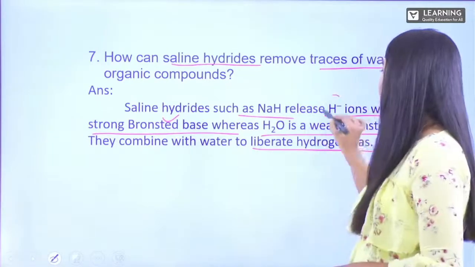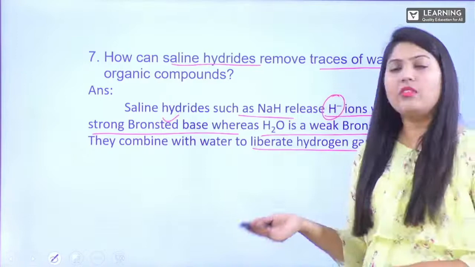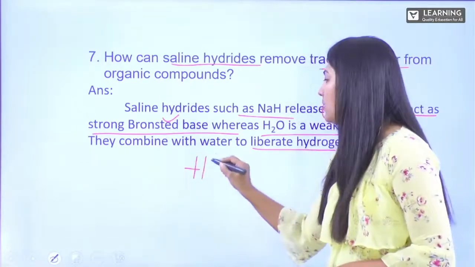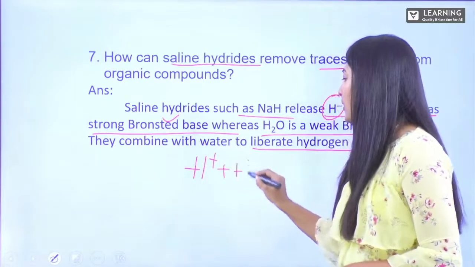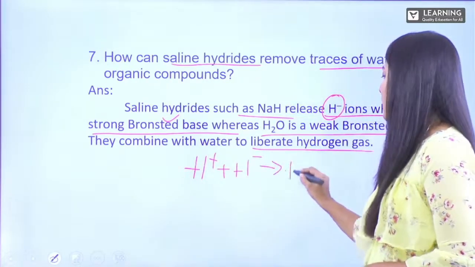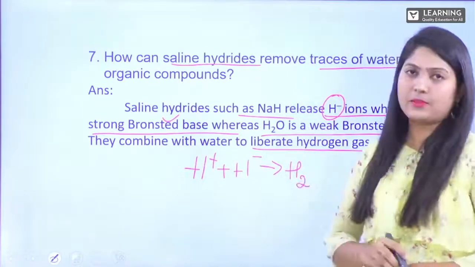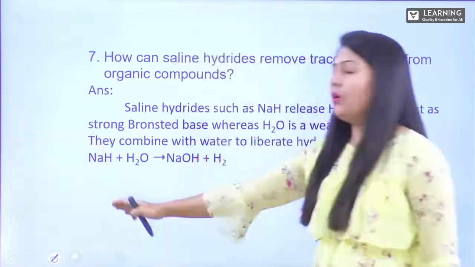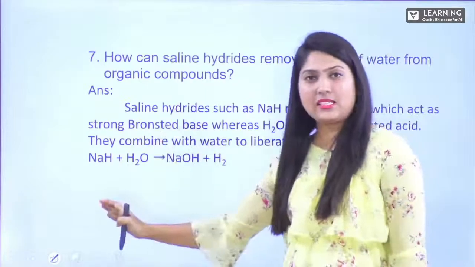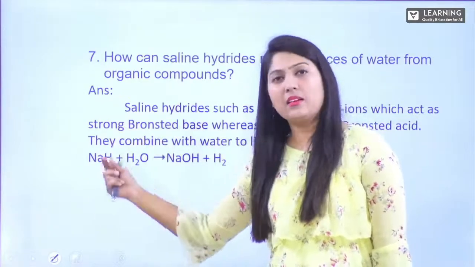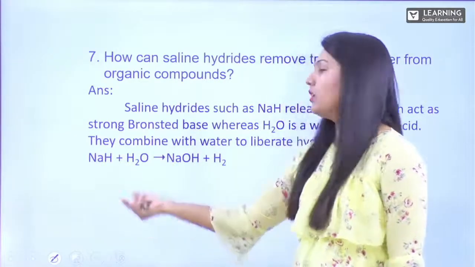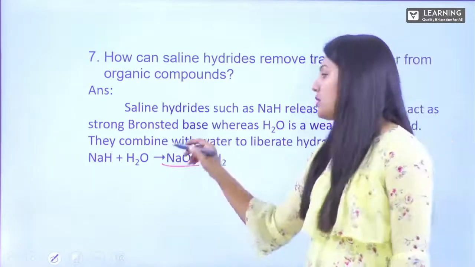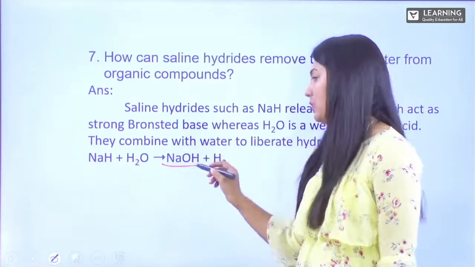As we know, this H minus ion reacts with the H plus ion in the water molecule and produces hydrogen gas. So saline hydride, that is the metallic alkali hydride, reacts with water to give an alkaline solution or sodium base, we can say. Sodium hydroxide is the base.